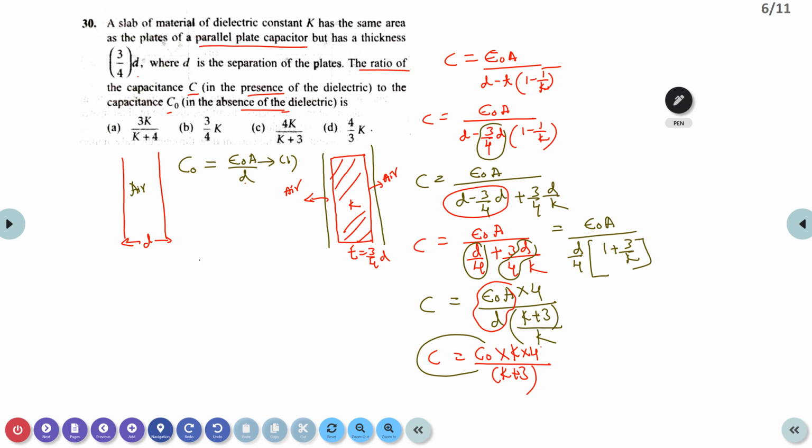So C divided by C naught equals 4K divided by K plus 3. This is the answer. Okay, I hope it is clear for you. Especially question number 26 is a very lengthy question. Okay, so now I will stop my discussion at this point.